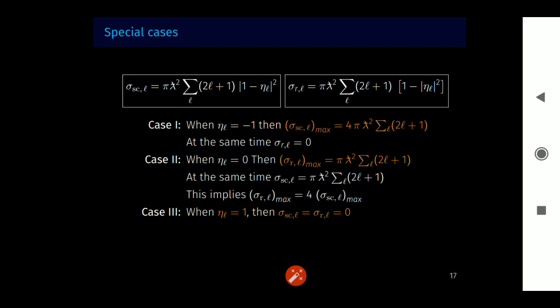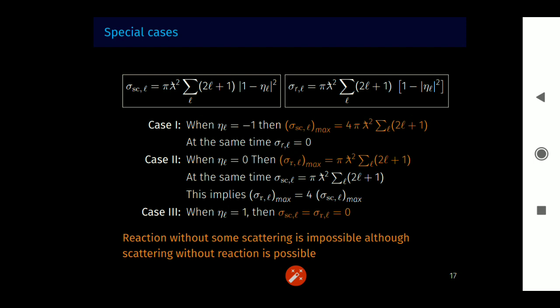So that means scattering can be present even in the absence of reaction. And look at the third case, when scattering is 0, then reaction cross section is also 0. So that's a very important piece of information, and combining these, one can make a statement that reaction without some scattering is impossible, although scattering without reaction is possible.